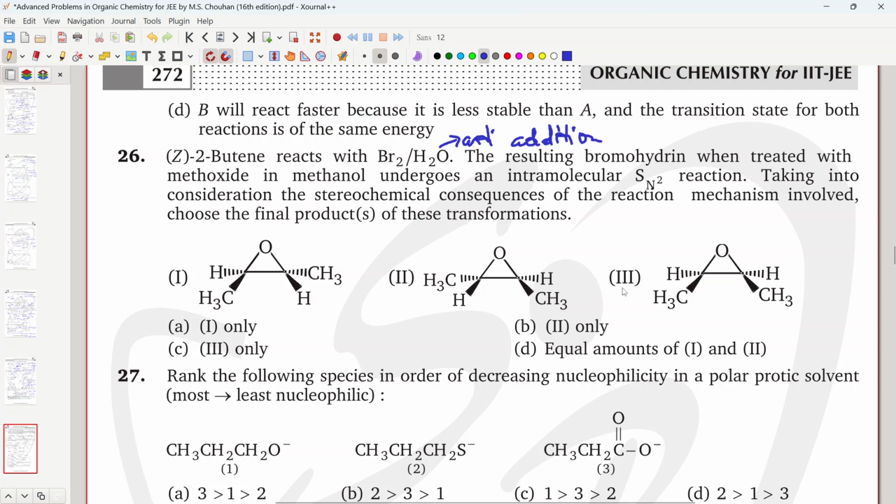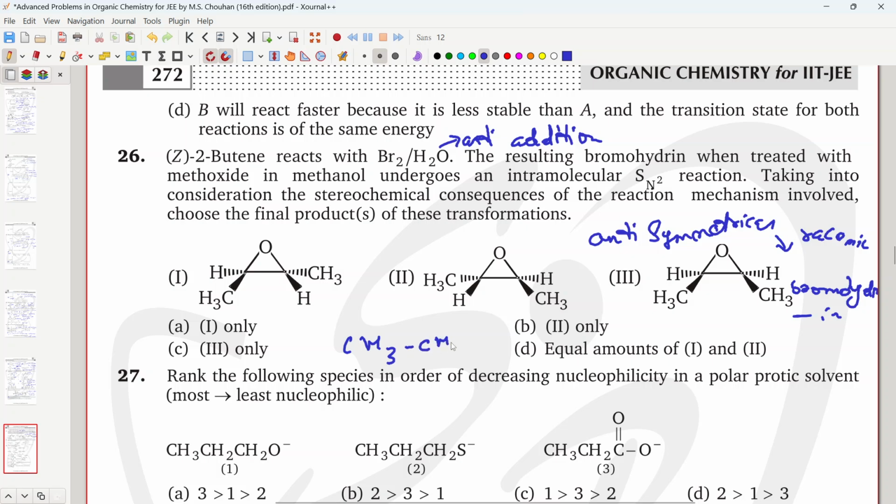Since the alkene is symmetrical, you get a racemic bromohydrin. So that means CH3CH(OH)CH(Br)CH3, with OH and Br anti.